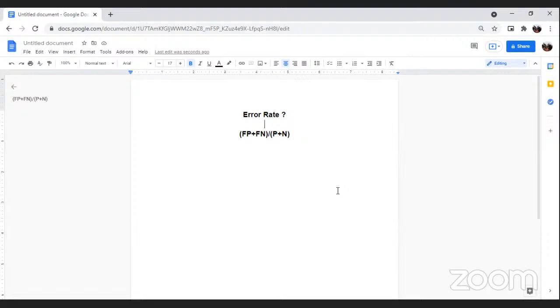So error rate can be derived from this particular equation, which is false positive plus false negative divided by total number of positives plus total number of negatives.